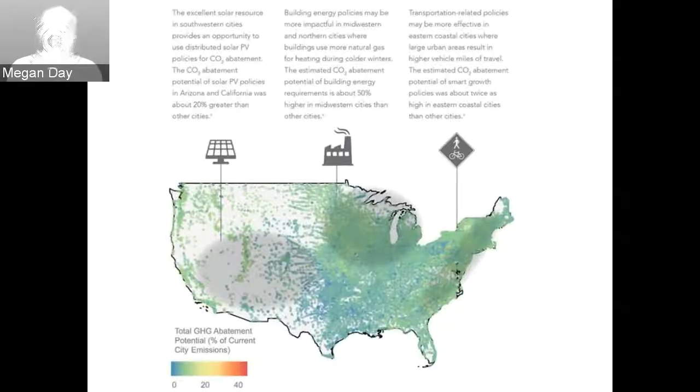In the Midwest, we have very high heating and cooling loads. It's hot in the summer, it's cold in the winter, so the buildings are a much greater impact because of those higher energy consuming trends. And then in the Southwest, we have higher solar insolation, and so solar policies tend to have a greater impact compared to other cities in other parts of the country.